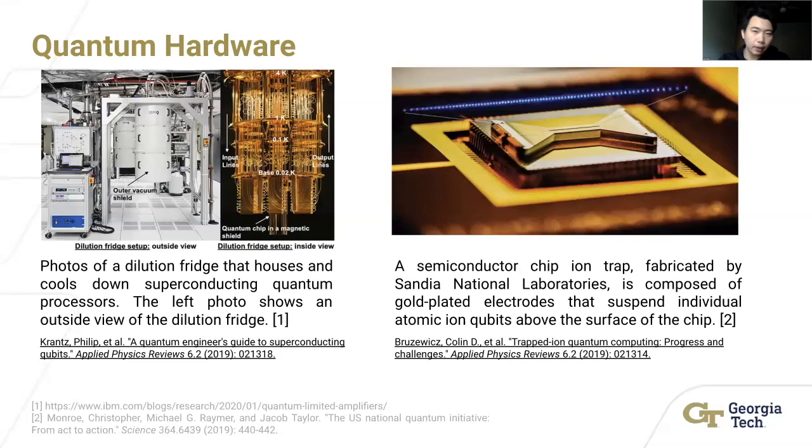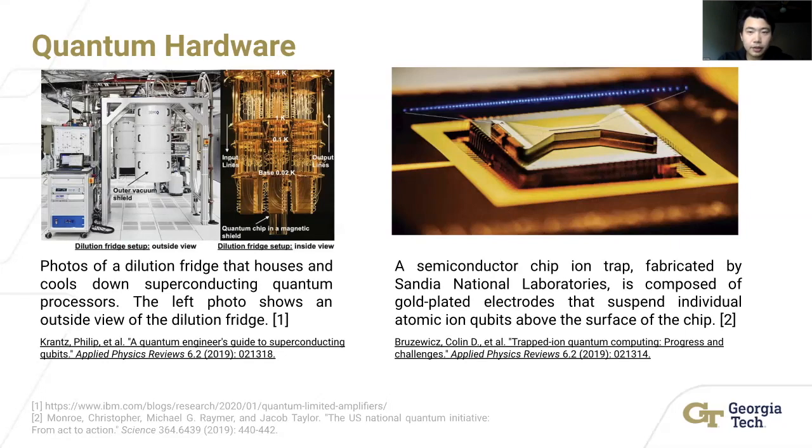Instead, people work a lot on the chip design, on the trap design, on how to trap those ions. So this is what you see fabricated by Sandia National Labs. And I think they have been working on this for decades, leading to this. So this is nowadays a very widely used design, I think.